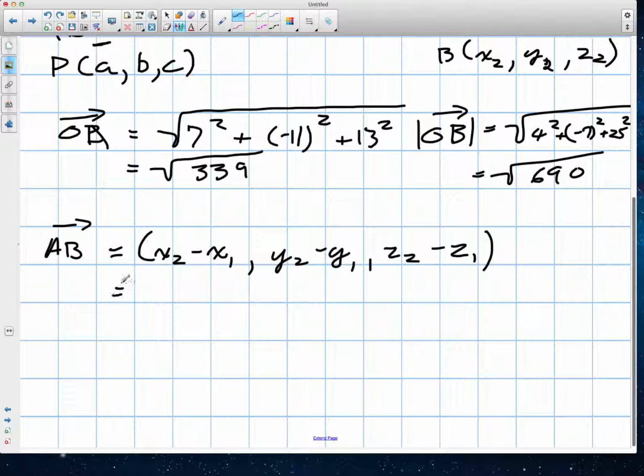So we're looking for the component values. X2 in this case is 4 minus 7. I know you can't see it, I apologize. And then negative 7 minus negative 11. And finally, 25 minus 13.